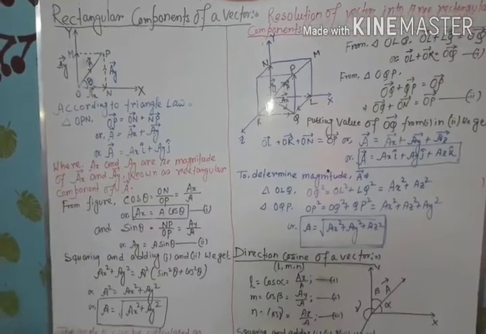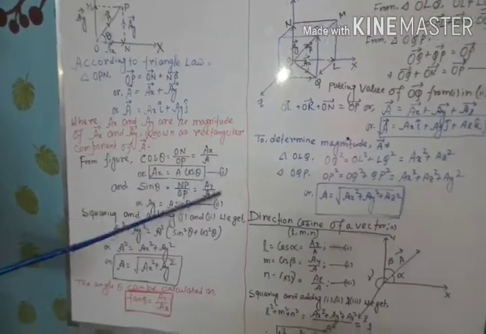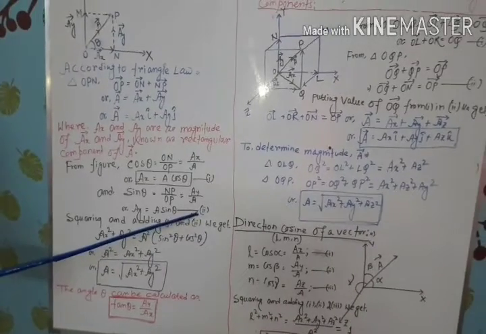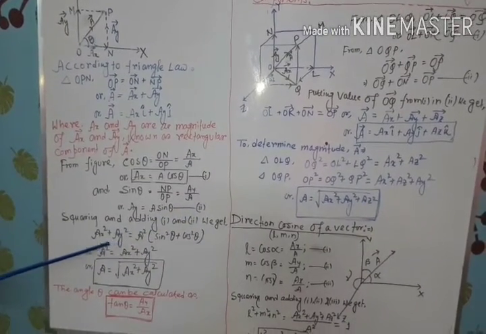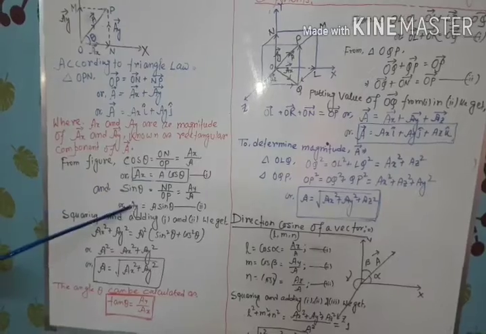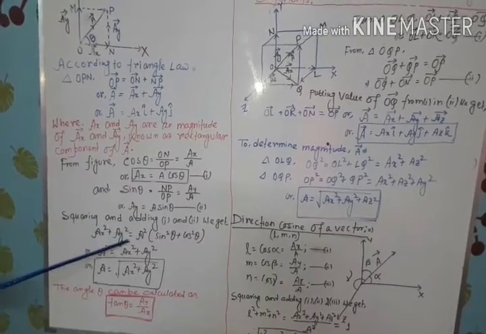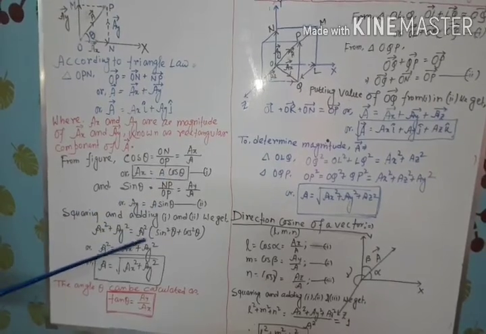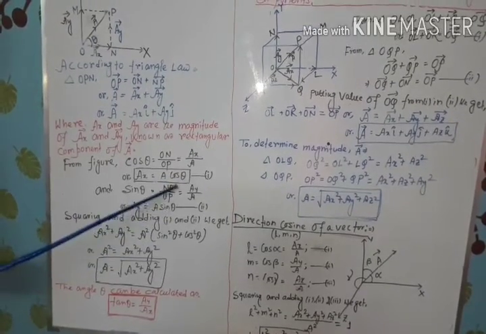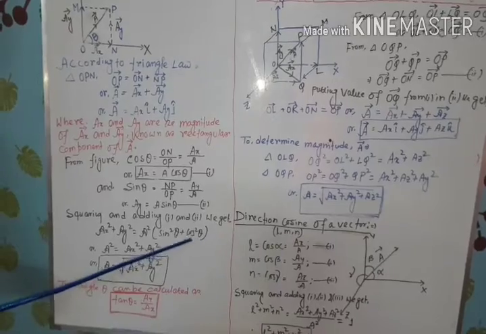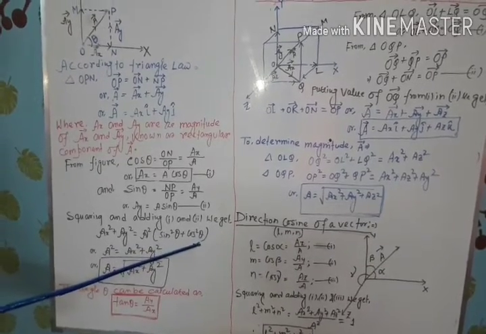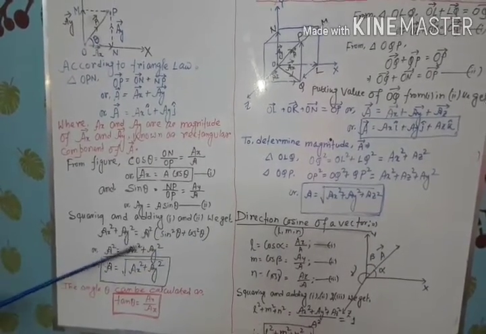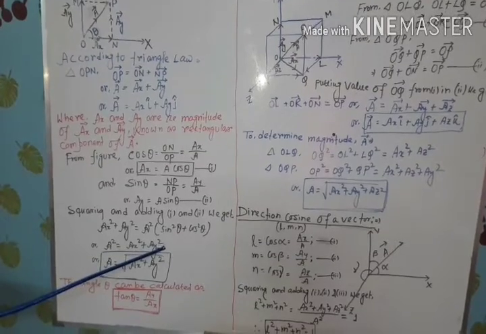Clear? Now if we square these two equations and add them, we get an equation like AX square plus AY square equals, from the right-hand side we can take A square common, and within the bracket sin square theta plus cos square theta, which is equal to 1. Clear? So therefore A square equals AX square plus AY square.